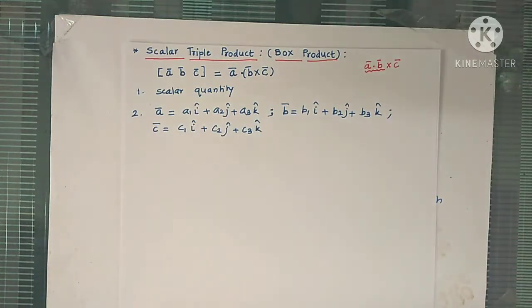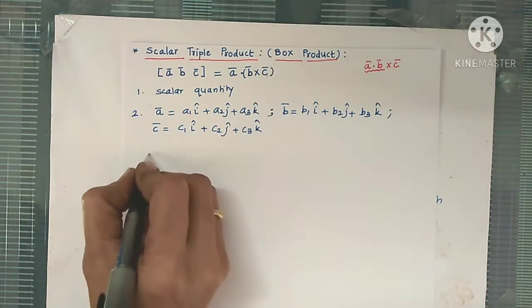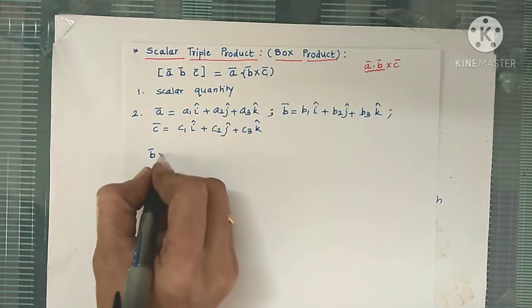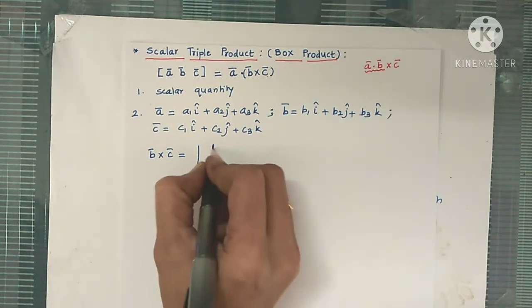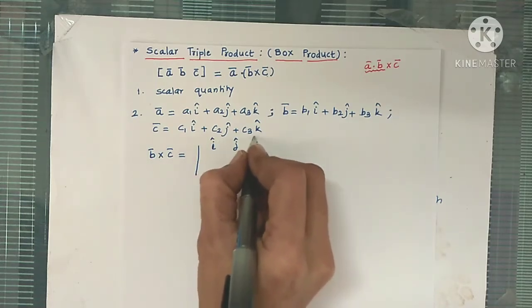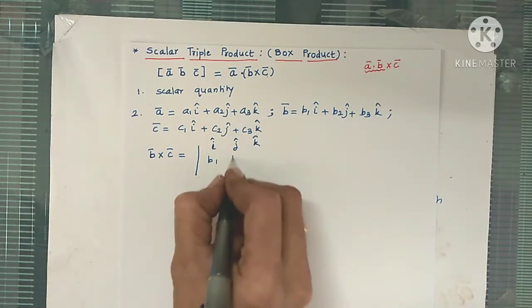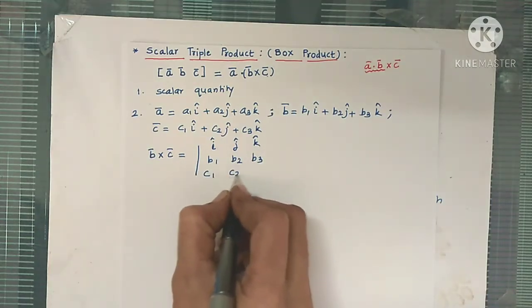To find this scalar triple product, first of all we have to find cross product of b bar and c bar. So b bar cross c bar is determinant. First row is i cap, j cap, k cap. Then the next one is b1, b2, b3. And the last one is c1, c2, c3.